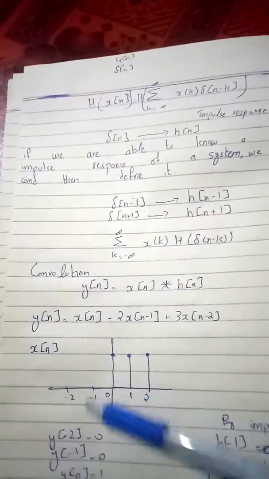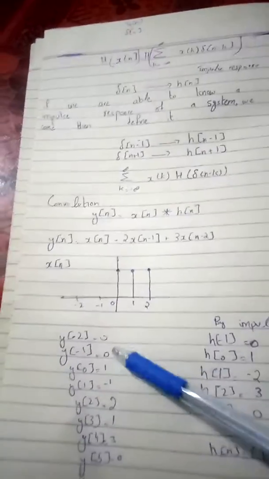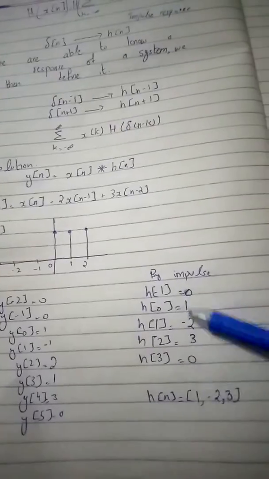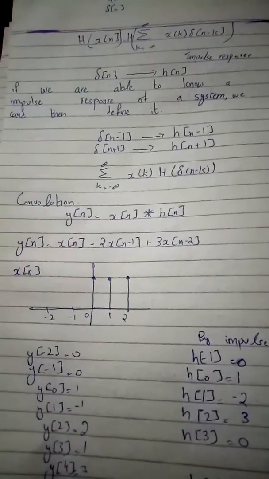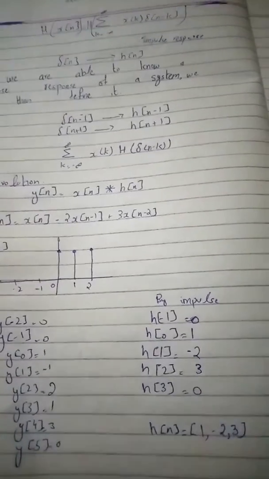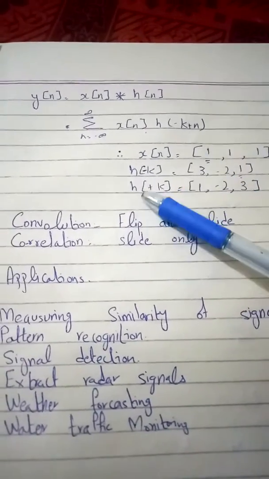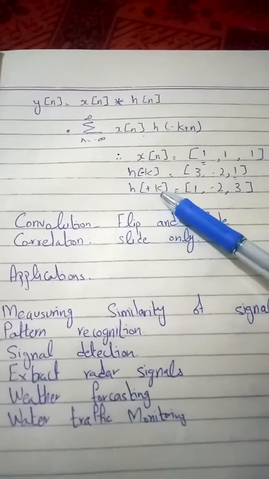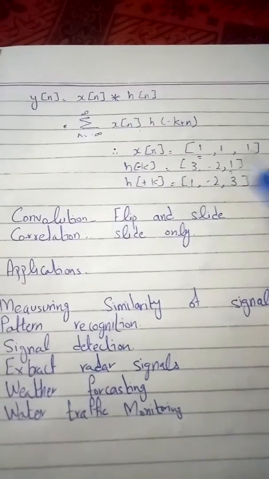Here is the discrete graph, and these are the values we have got. After applying convolution, we have the discrete values here. These are the outputs. Now we can apply it to other examples by using the shifted versions. These are h minus k or h plus k, and we have the outputs -1, 1, 1, 3, -2, 1, 1, -2 and 3.